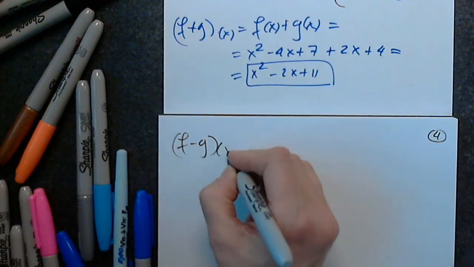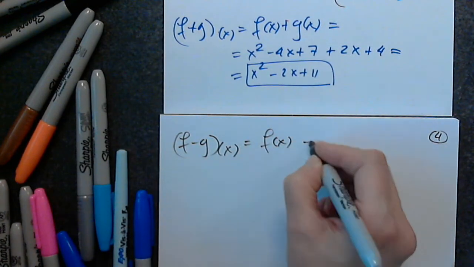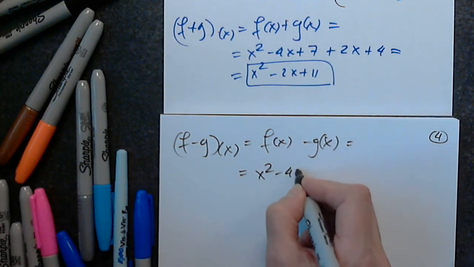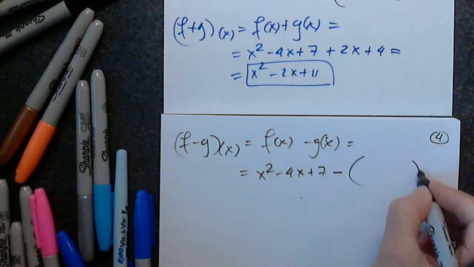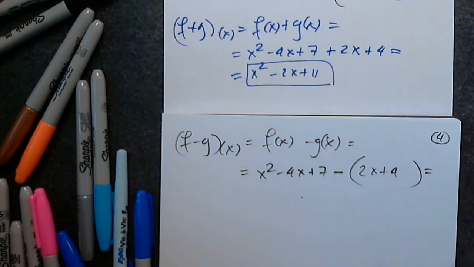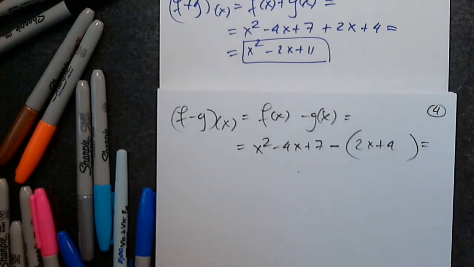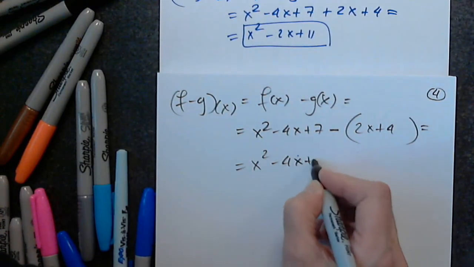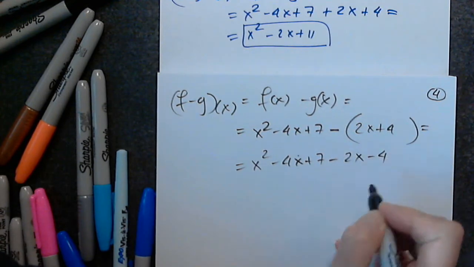So f minus g. So this is nothing else but f of x minus g of x. I copy f of x. But remember, I have to put parentheses and minus in front of 2x plus 4, because now I have to distribute. So this is x squared minus 4x plus 7 and minus 2x minus 4.